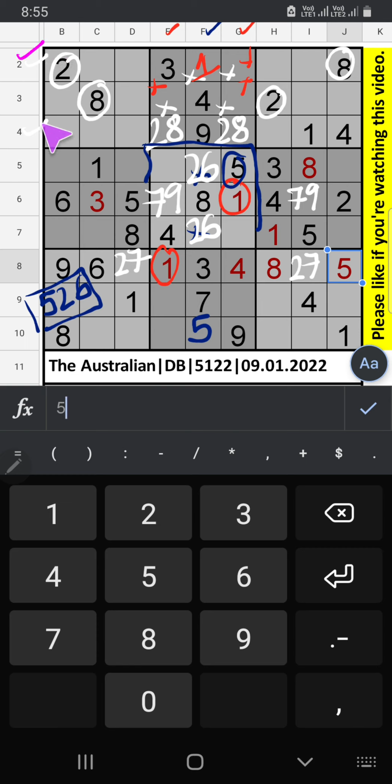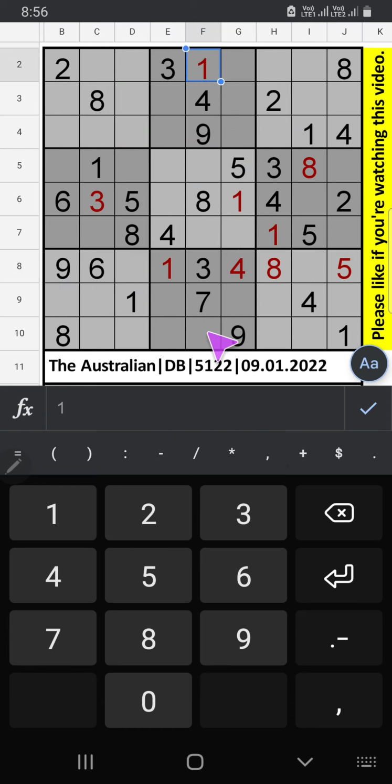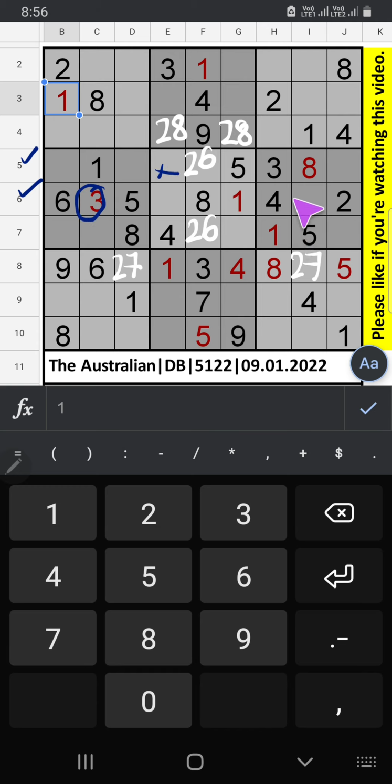Second row and 4th row we have 1. So 1 can't come in the cells. Column D also we have 1. So 1 can't come in this cell. Then 1 is confirmed here. Fifth row, 6th row we have 3. So 3 can't come in this cell.